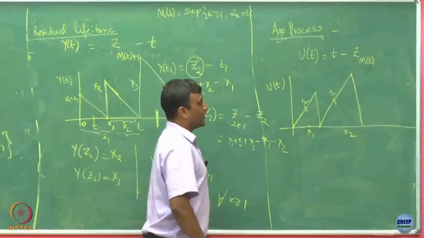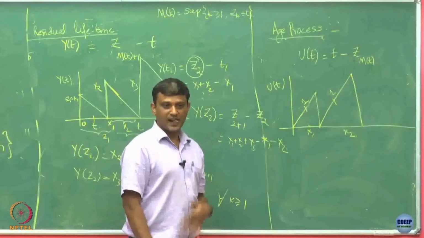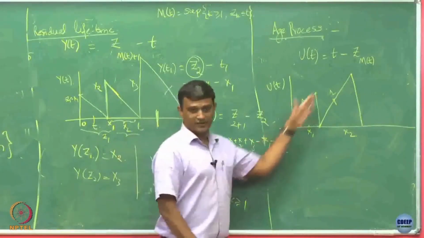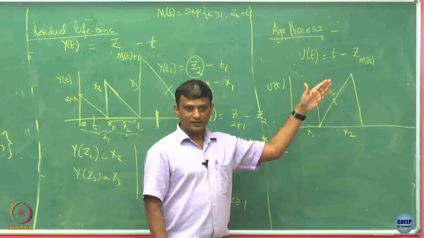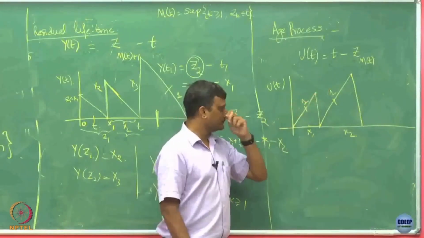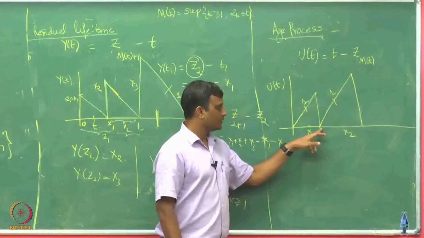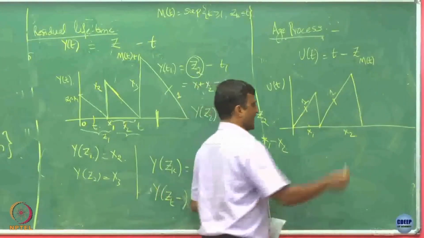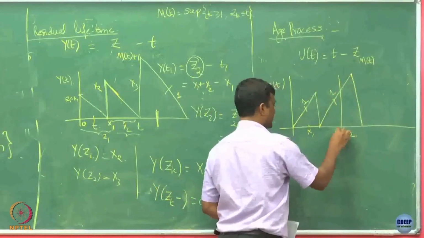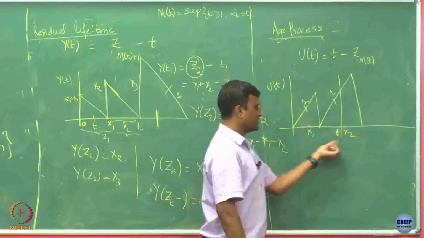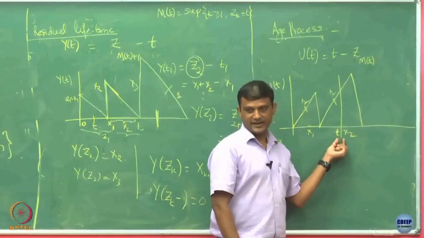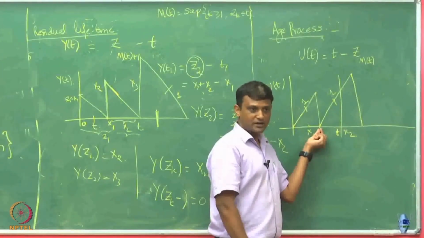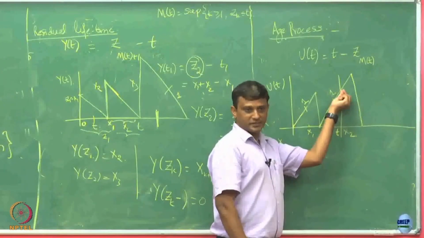So can you now see why it is called the age process? Age always increases, right? Let's say you have replaced your battery at this time, and you take some time at this point. If you look at this time t, and it has so happened that you replaced your battery at this point, your age at this point is this much.